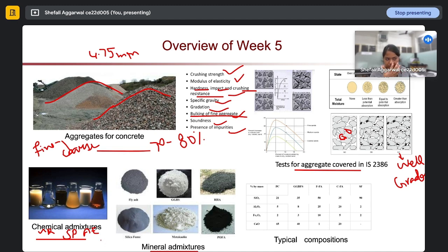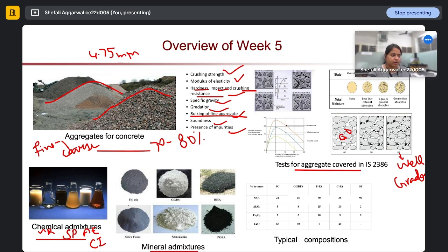Other than this, from the durability point of view, we have the major issue of corrosion, so we use corrosion inhibitors. These are also one type of chemical admixture. What are the mineral admixtures which can be used as an alternative to fine aggregates or as an alternative to cement?